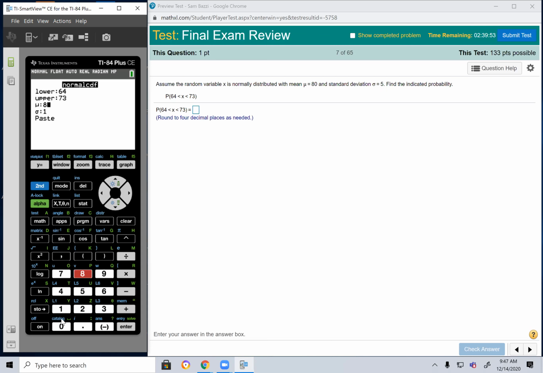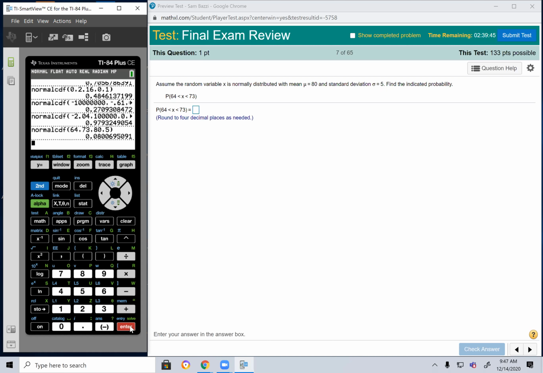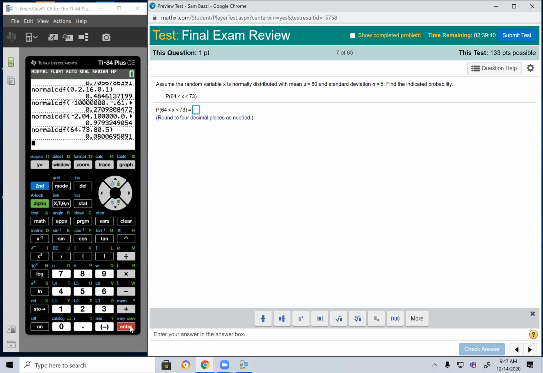Mean is 80. So it's not 0 and 1, guys, and sigma is 5. You have to use that. And you get 0.0801 if it is 4 decimal places.